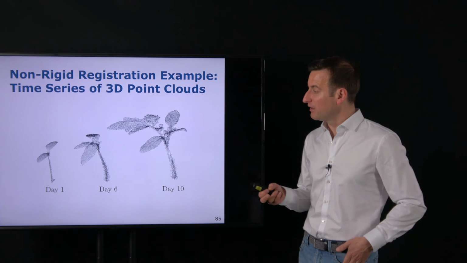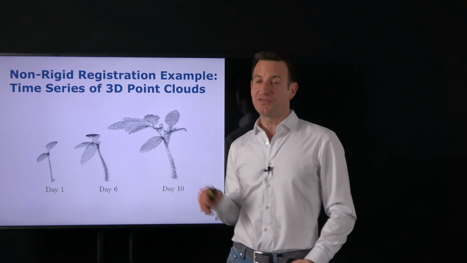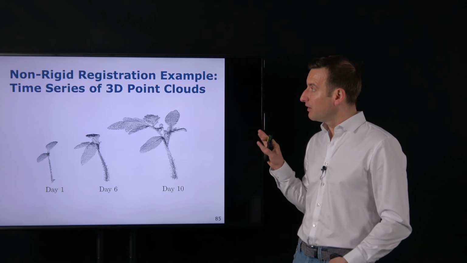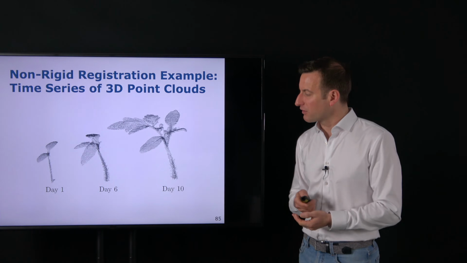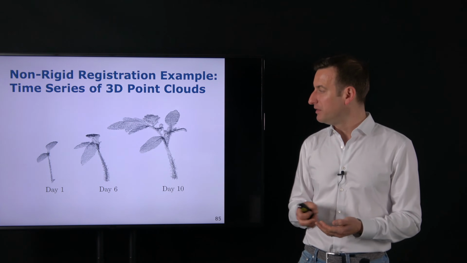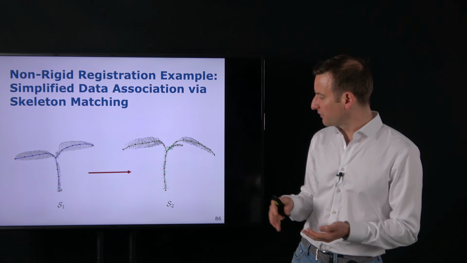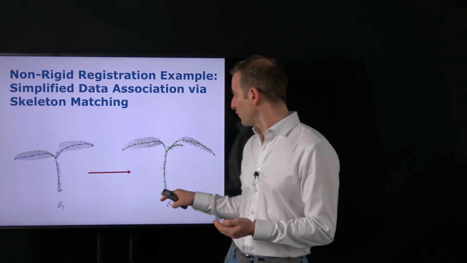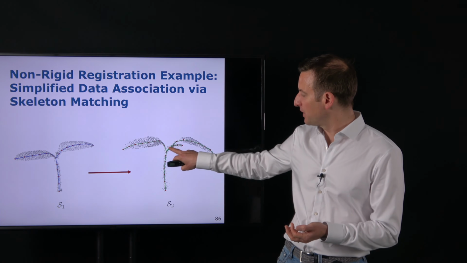But you can actually try to do this, and again, the tricky part is what the data association looks like. Especially for these types of non-rigid registration techniques, you need to invest a lot of brain power into the data association between those points. So this is, for example, two point clouds which are just a day apart, and you can see here a small leaf is branching out.